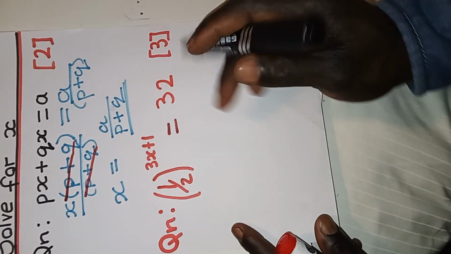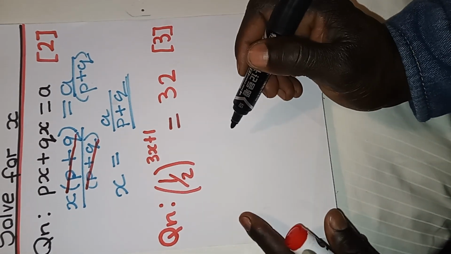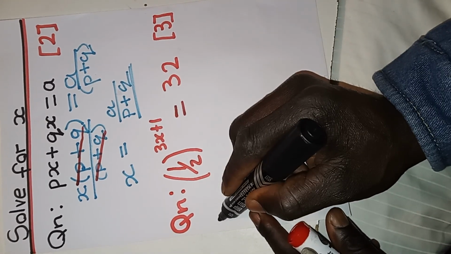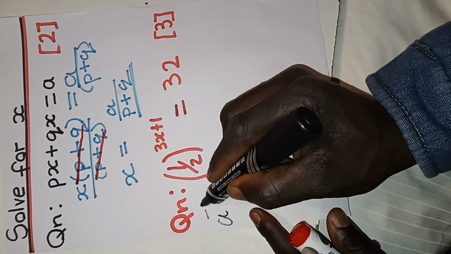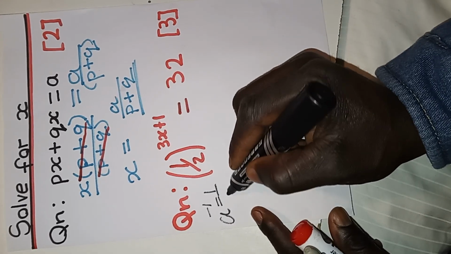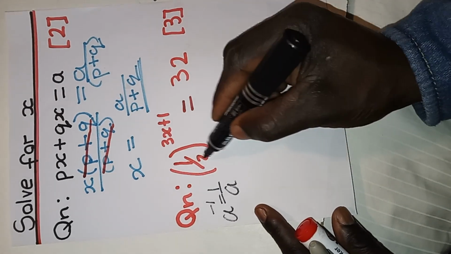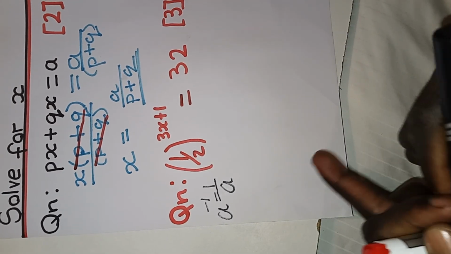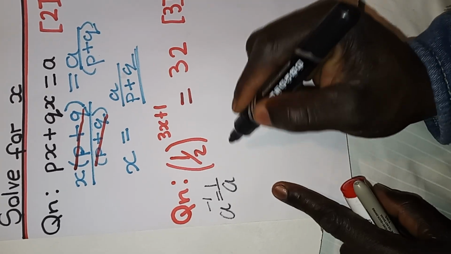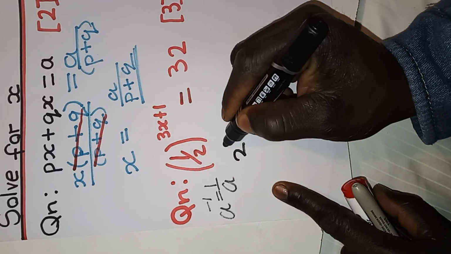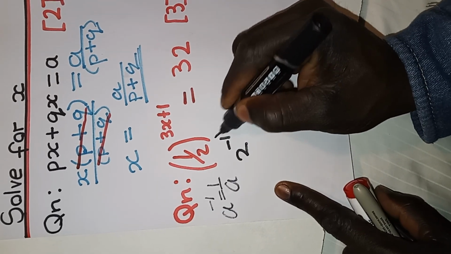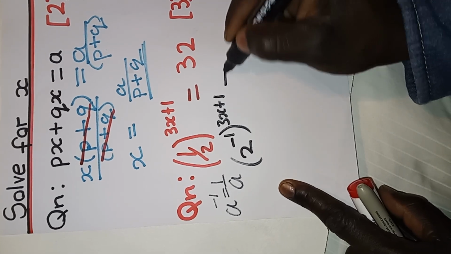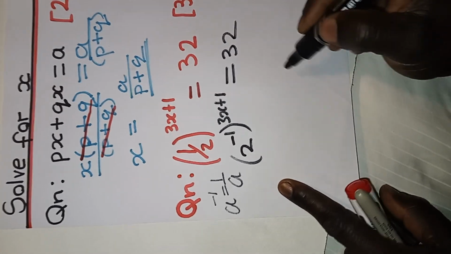According to exponents, we can raise this 2 to become a numerator, using the law: a to the power of minus 1 is equal to 1 over a. So for the 2, it becomes 2 to the power of minus 1, bracket 3x plus 1, is equal to 32.